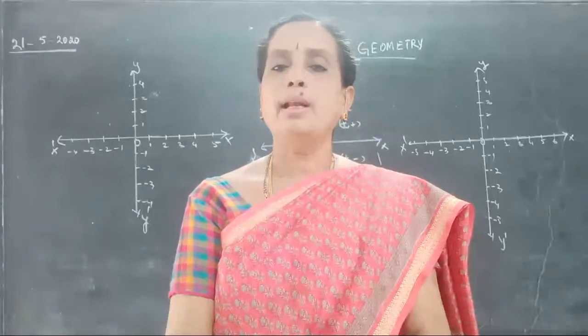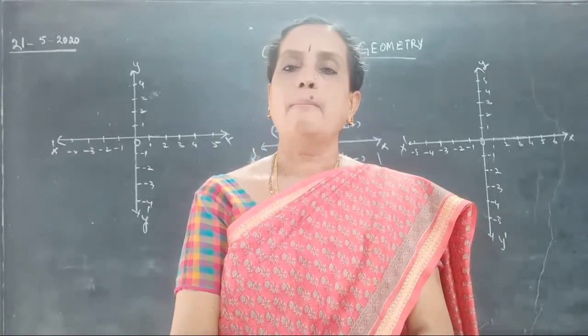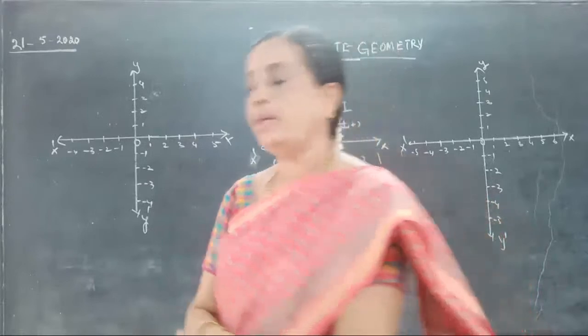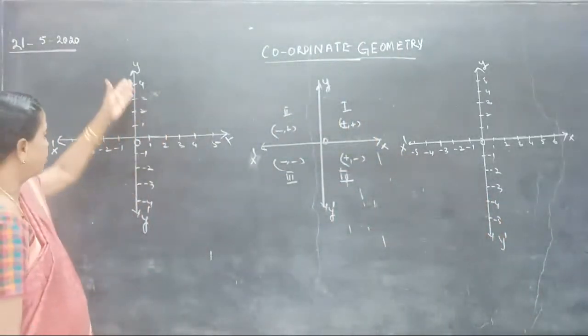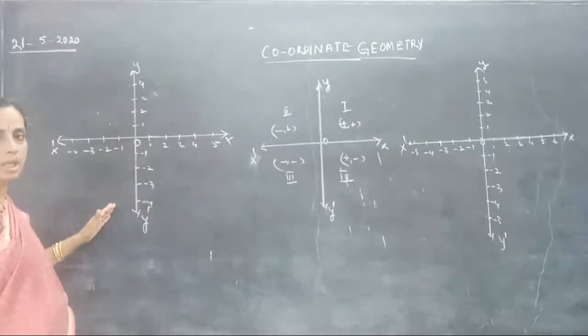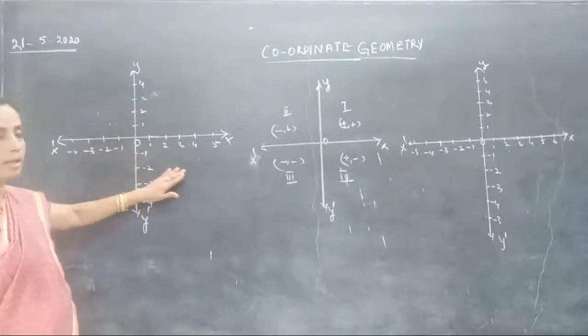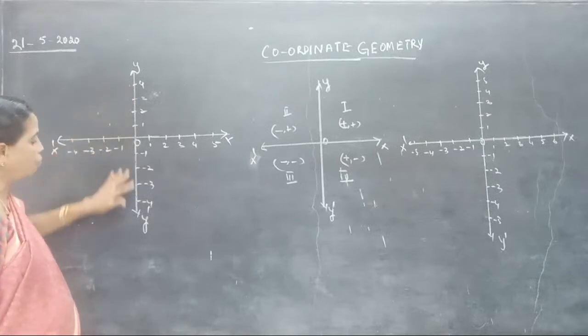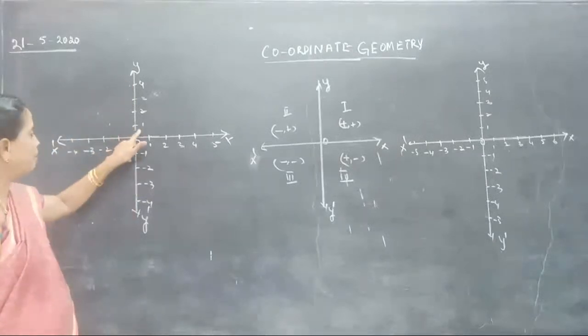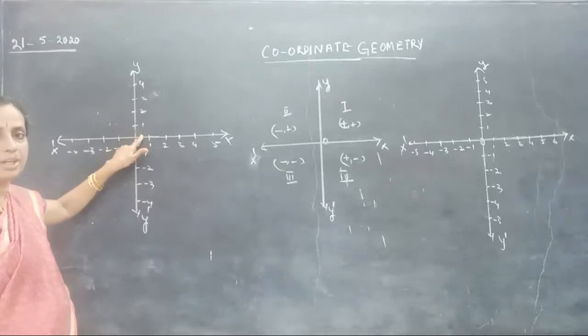Suppose two number lines are placed perpendicular to each other like this. That means the angle between XOX' and YOY' is perpendicular, 90 degrees.